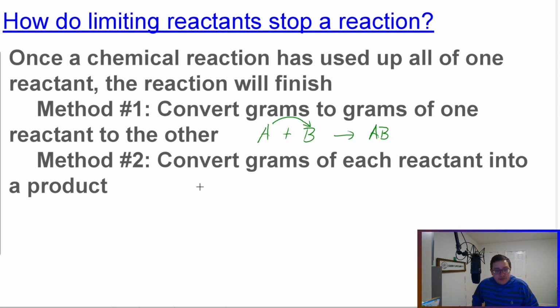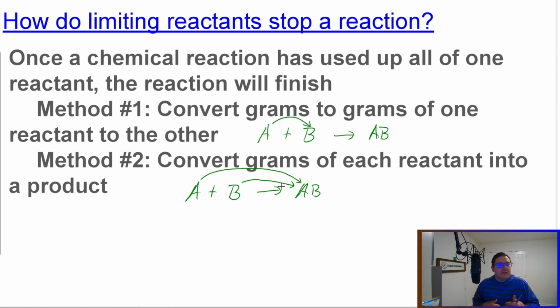And the other way to do this is to take something. So if I had A and B, we could convert both of these into our product. Now, there is going to be a time and place for which one's going to be better. So, for example, method 1 is going to be really good if you're only looking for what is the limiting reactant.